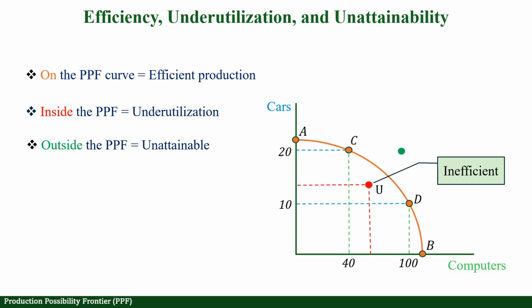And another point like F tells us an unattainable situation with the currently available resources and technology. So being on the curve means the economy is getting the most it can from its resources. Inside the curve, there is room for improvement, and the outside point is unattainable in the present situation.